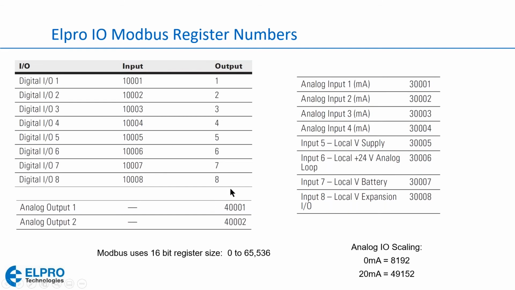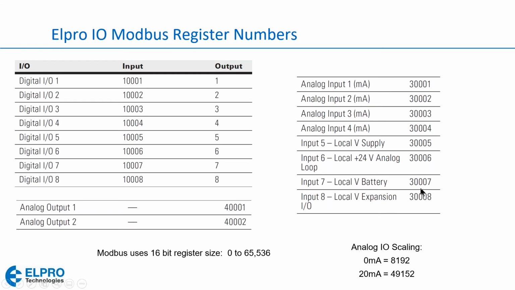For the analog outputs on the radios, they start at register 40,001. The analog inputs at 30,001. Now, we also have a couple of diagnostic registers. The power supply voltage is register 30,005.